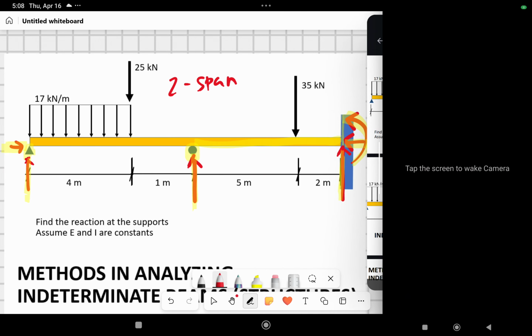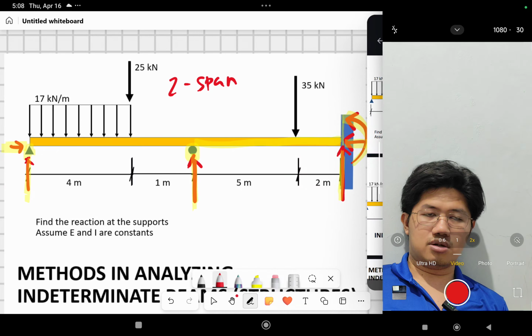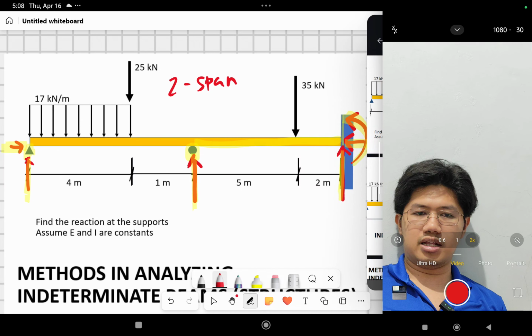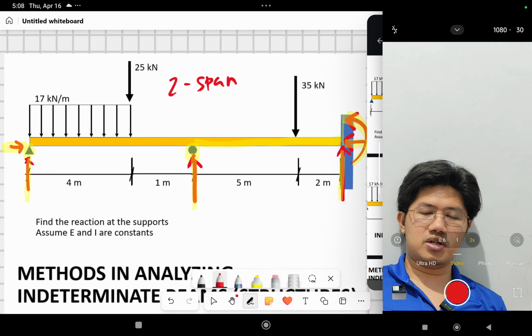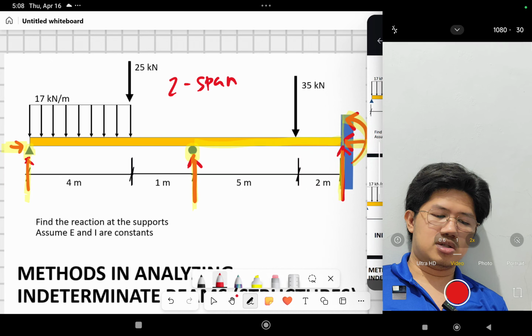Okay, using our usual methods in solving reactions, we have equations of equilibrium. The equations of equilibrium are only limited to summation fx, summation fy, and summation moment. So we have 3 equations, 6 unknowns.